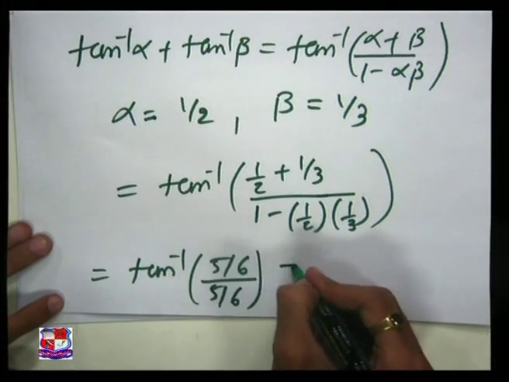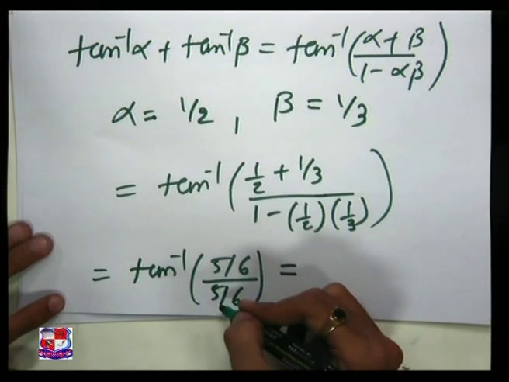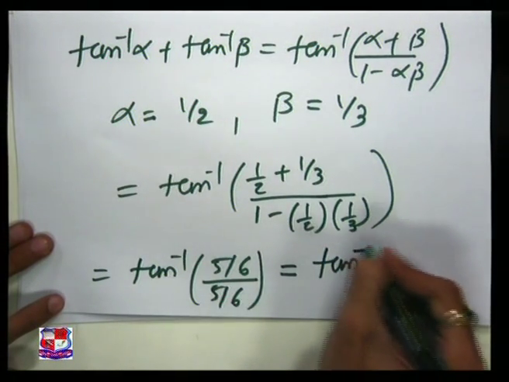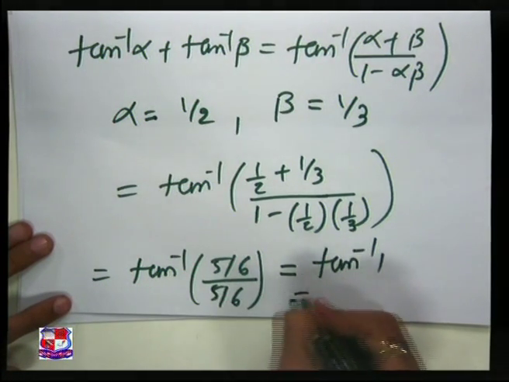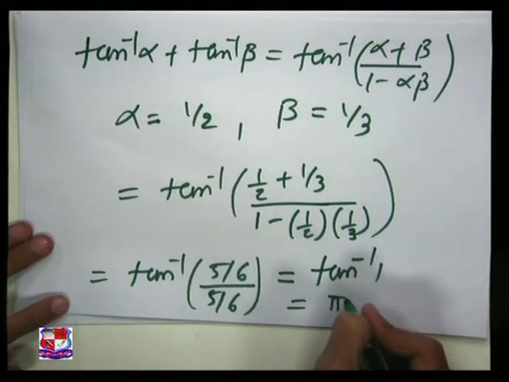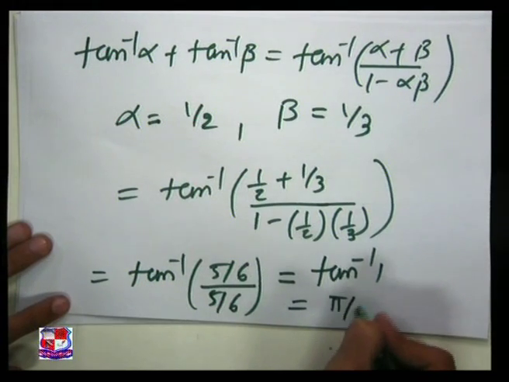So this is equal to tan inverse 5 by 6 upon 5 by 6, that is equal to tan inverse 1, and we all know that tan inverse 1 is equal to pi by 4, right? So tan inverse 1 is equal to pi by 4.